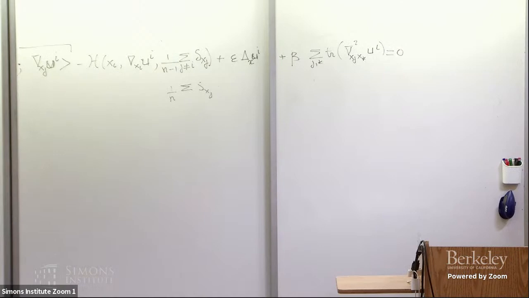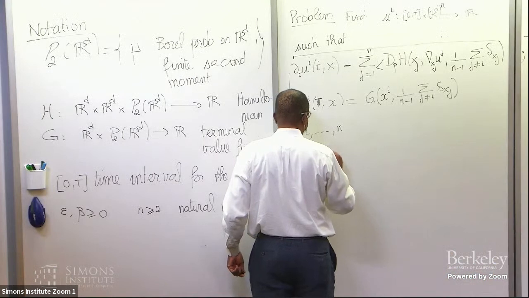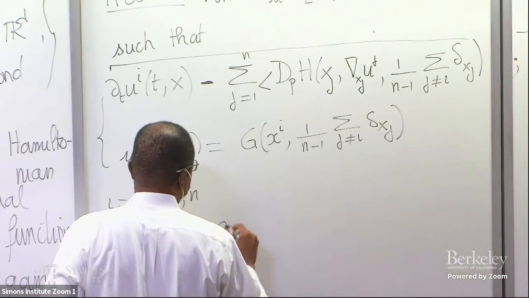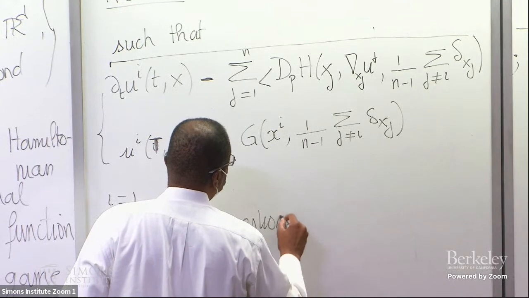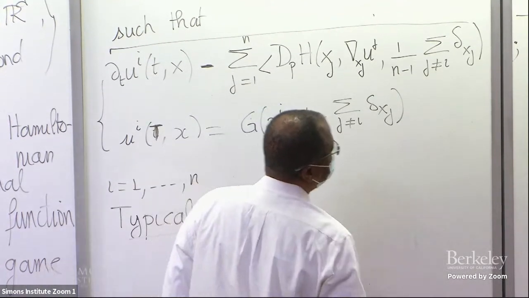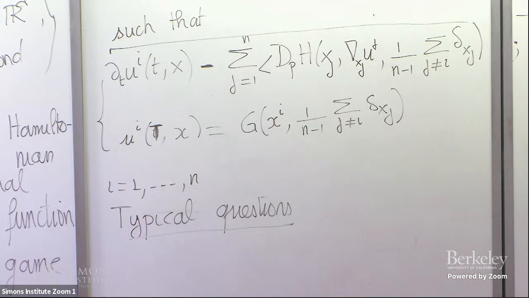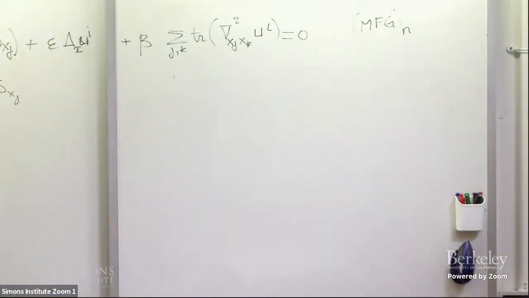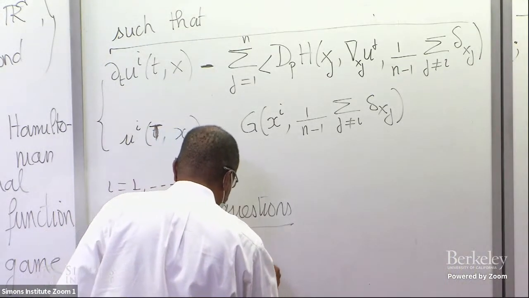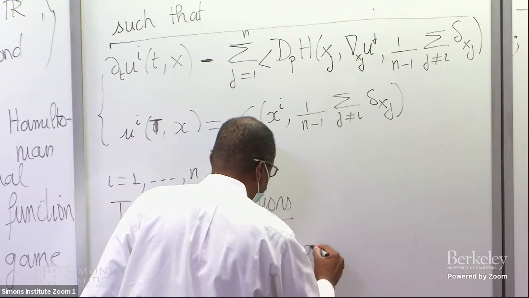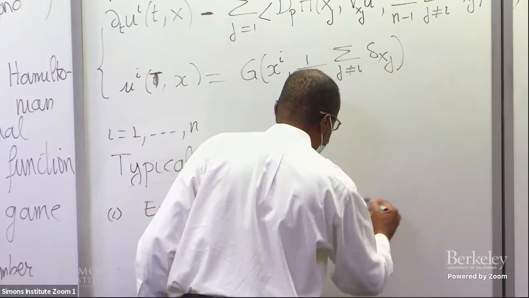Now here are the typical questions. I am going to call this the mean field game with n players. One: existence and uniqueness of solution.